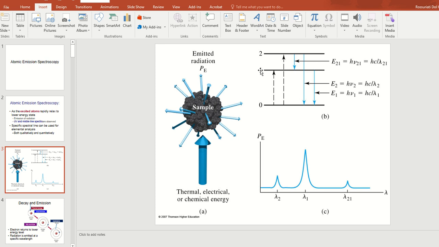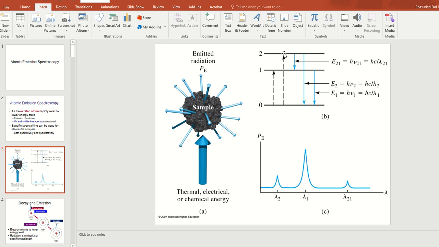The more radiation is absorbed, the atom will be excited to a higher electronic state. This arrow explains the phenomenon of the absorption process.